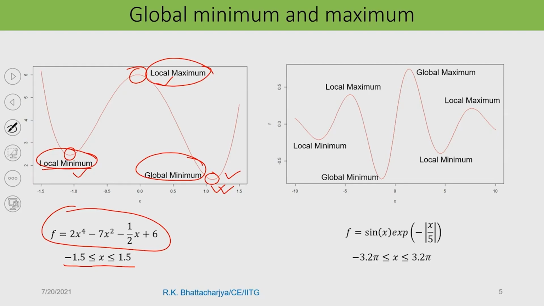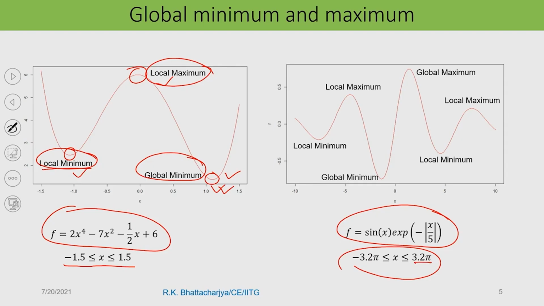Now, if I look at the second function, the function is f equal to sin x times exp of minus absolute value of x by 5, and we are defining this particular function between minus 3.2 pi and plus 3.2 pi.